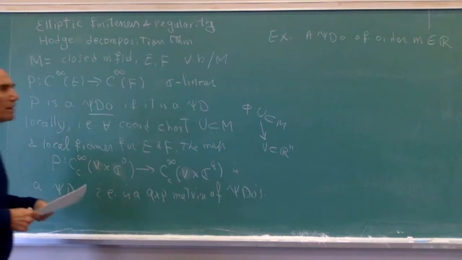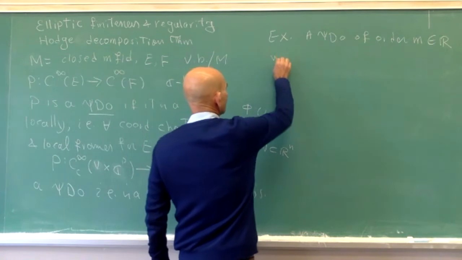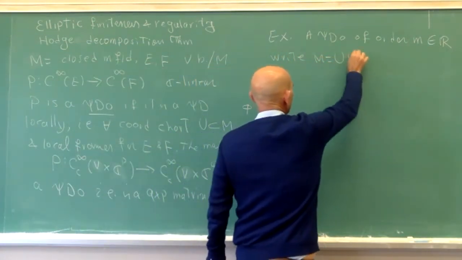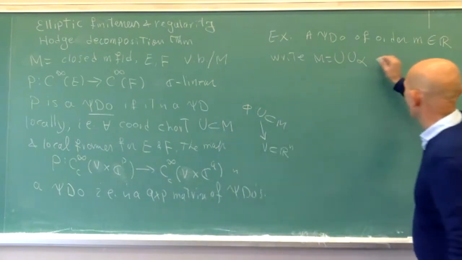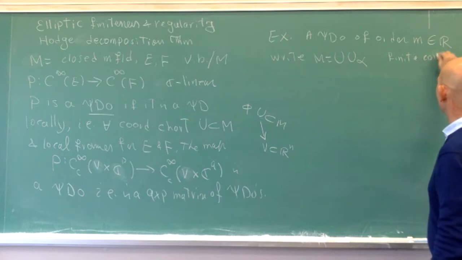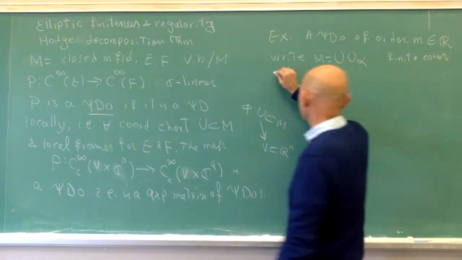So first of all, write M as a union of a finite cover by coordinate charts.